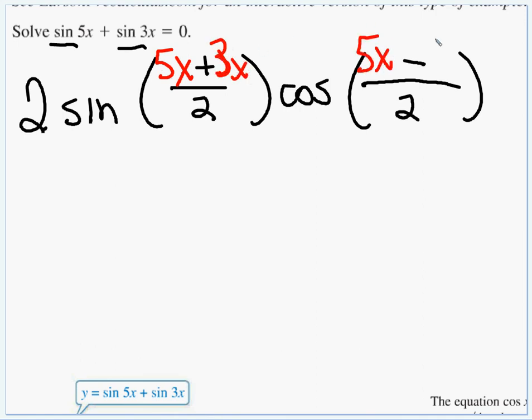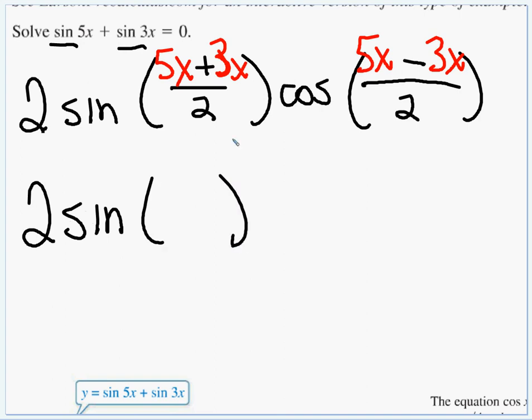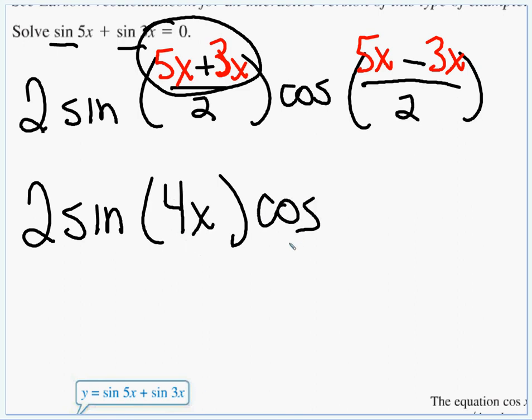So let's simplify this down. 2 sine of, if we add the numerators, you get 8x, and then divide by 2 is 4x. And then we'll have the cos, 5x minus 3x is 2x, over 2 is just x, equal to 0.